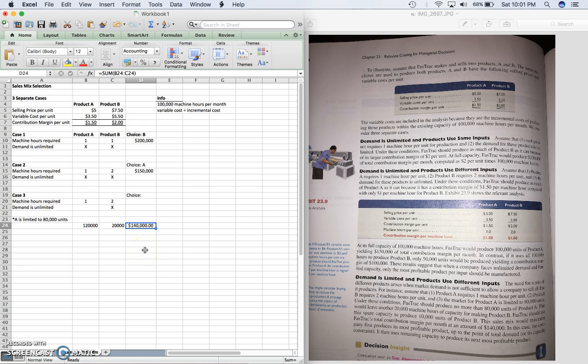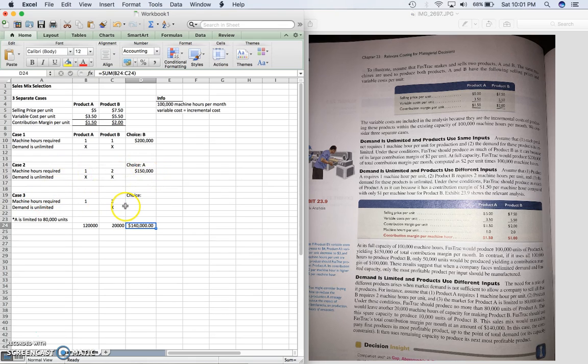So, we choose which product to make depending on which case is happening at that particular moment. In case 1, we would choose B because it produces the most. In case 2, we would choose A because it produces the most: since product B takes twice as long, it would only produce $100,000, and A still produces $150,000.